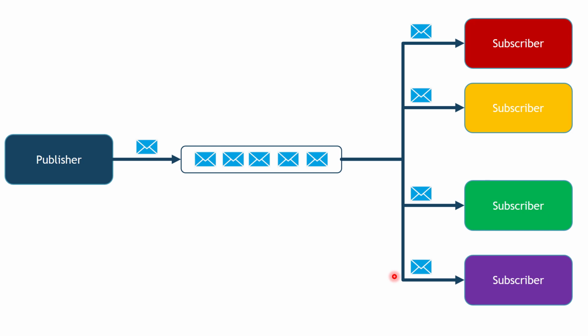Now, you might be asking, what if a new subscriber wanted to join our solution? In this case, the new subscriber would just need to subscribe to the Azure Service Bus topic, and they should be able to get messages from our system once they have subscribed to that topic. By doing this, we don't have to make any code changes on the publisher side for any new subscriber that is interested to join our solution.